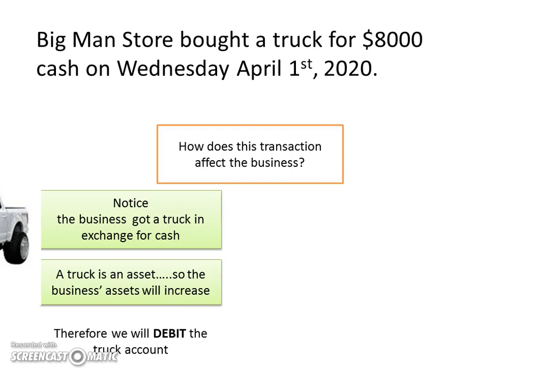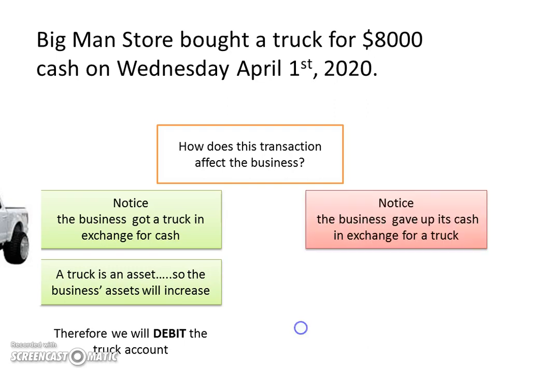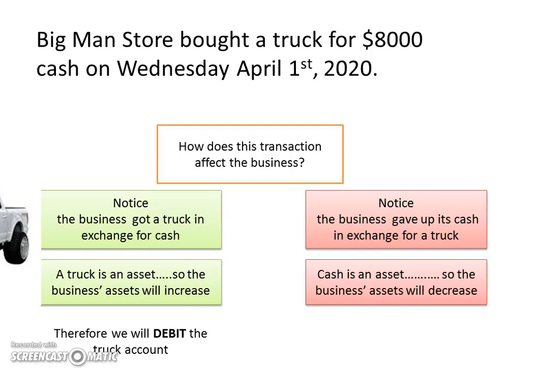On the other hand, you should also have noticed that the business gave up its cash in exchange for a truck. Now, cash is an asset. So that means that the business assets of cash will decrease.